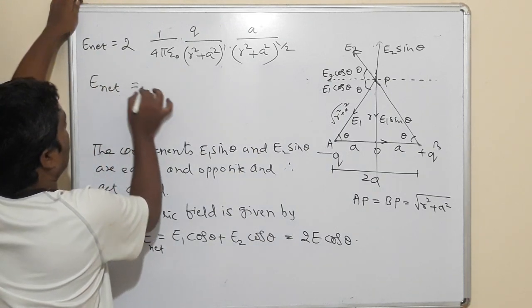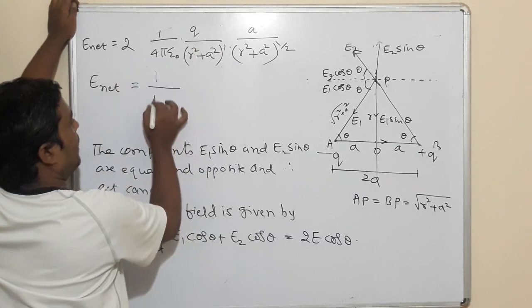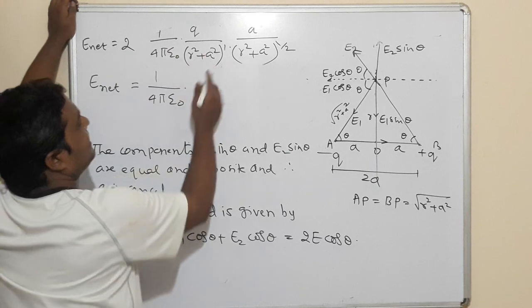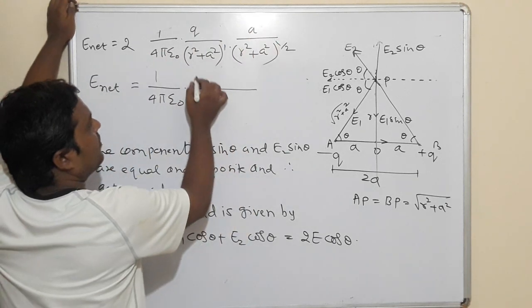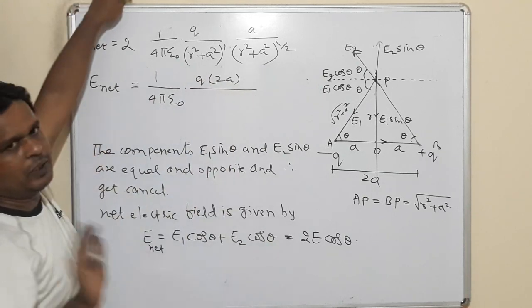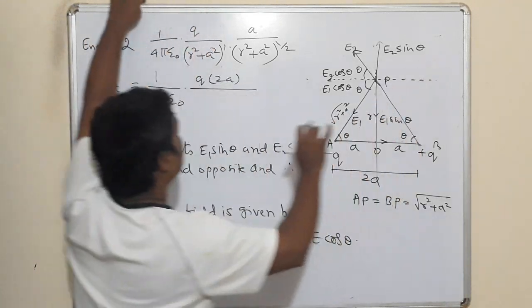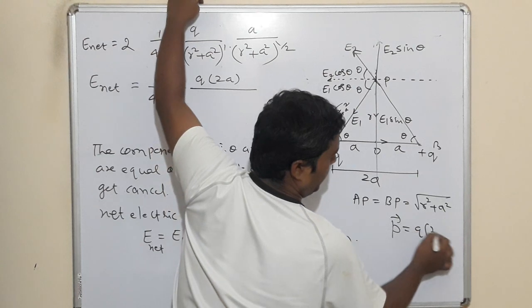Then E net will be equal to, instead of writing this 2 here, I will write it here, 1 by 4 pi epsilon naught. This term I will adjust as 2a into q, or q into 2a. Do you remember what q into 2a is? q into 2a is P, the dipole moment. Dipole moment P will be equal to q into 2a.